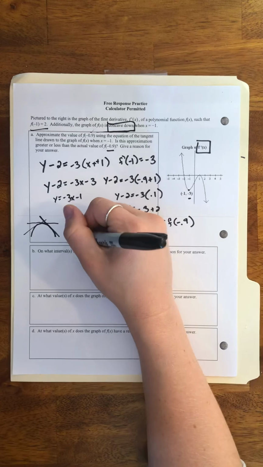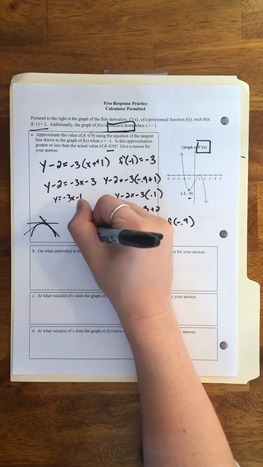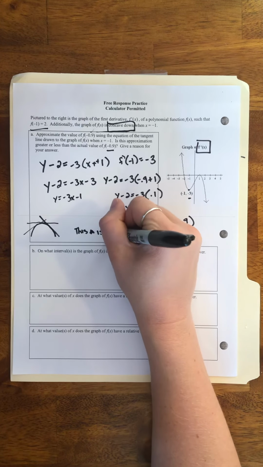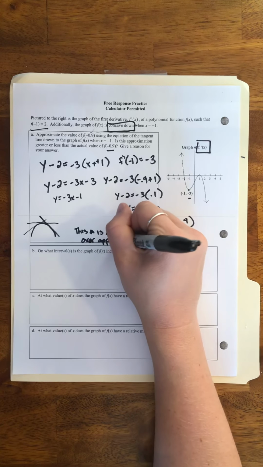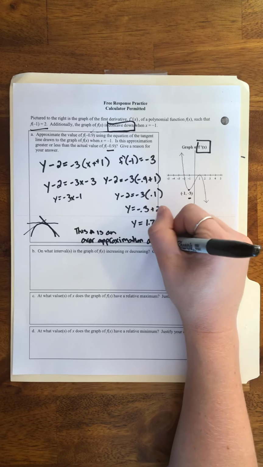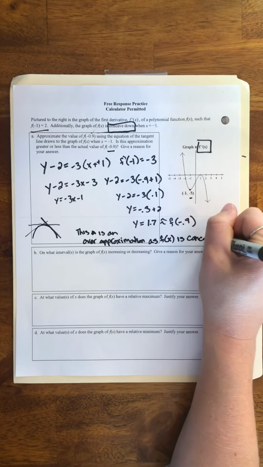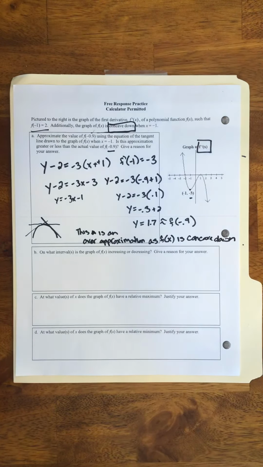So I'm going to say this is an over approximation. And my reasoning for this is just going to be, as f of x is concave down. Okay, so we answered all of that.